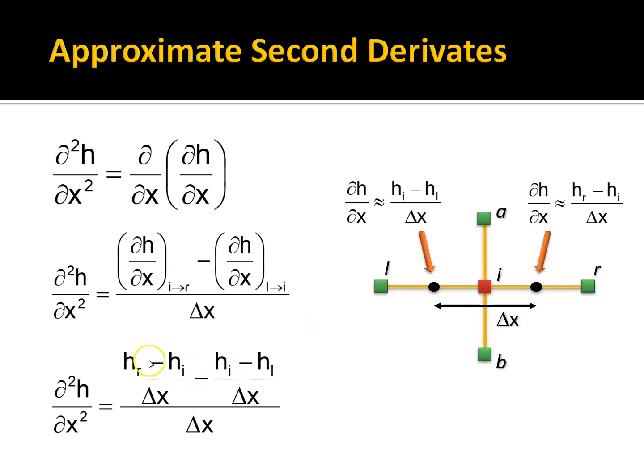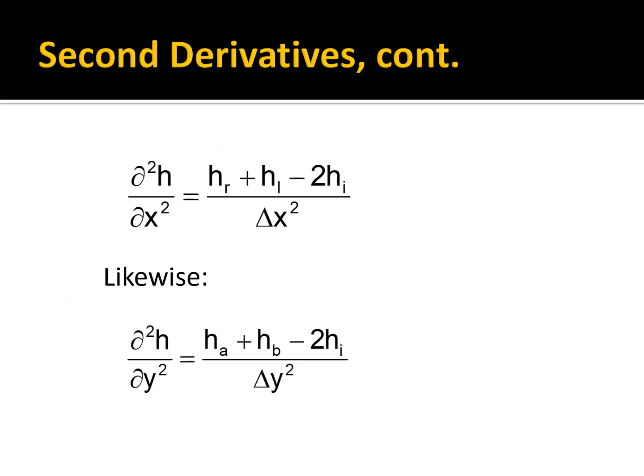And then we plug in these first derivatives that we found in the previous step. If we simplify that, we have HR plus HL minus 2HI over delta x squared. That is this approximation of the second derivative in the x direction. And likewise, in the y direction, we have HA plus HB minus 2HI over delta y squared.